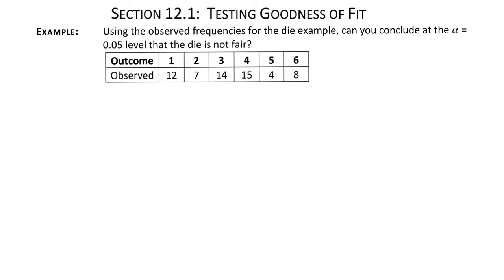Now let's look at this example on performing the goodness of fit test. Using the observed frequencies for the die example, can you conclude at alpha equal 0.05 level that the die is not fair? The null hypothesis says the die is fair, and the alternate hypothesis says the die is not fair.